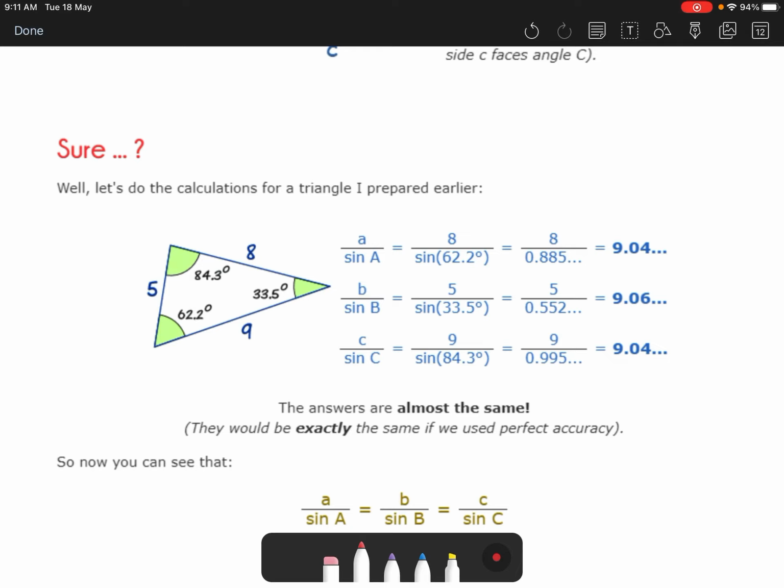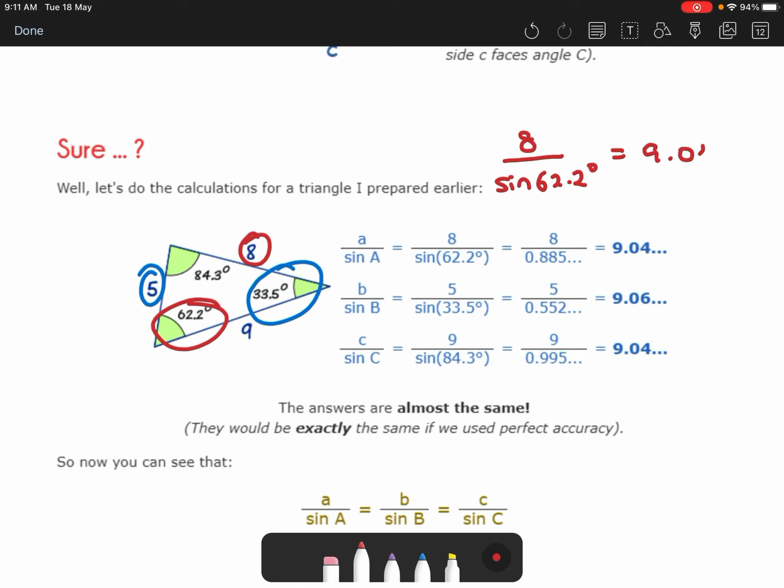Let us take a look at our example. We just want to confirm our sine rule. Let's say we have this 8 and the angle 62.2. I want to double check whether it is equal to 5 over sine 33.5. So let us check. 8 over sine 62.2 degree, if you use a calculator, you should get about 9.04.